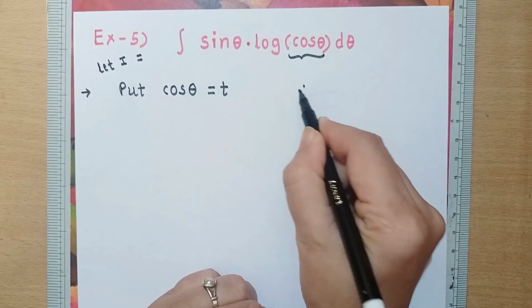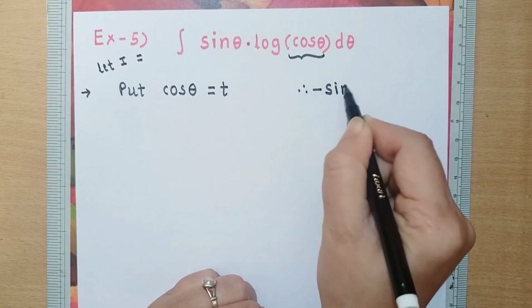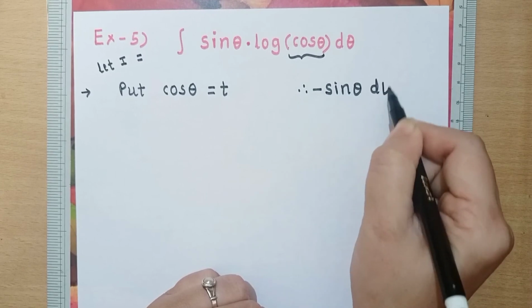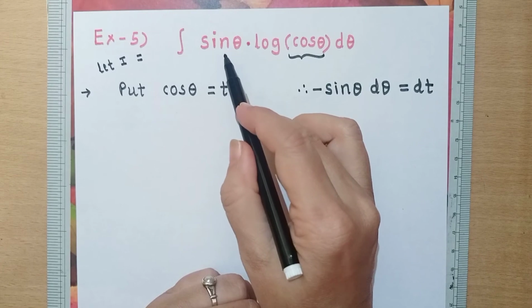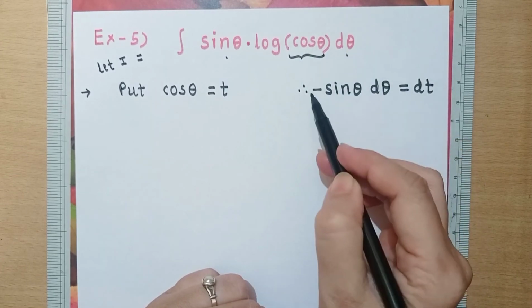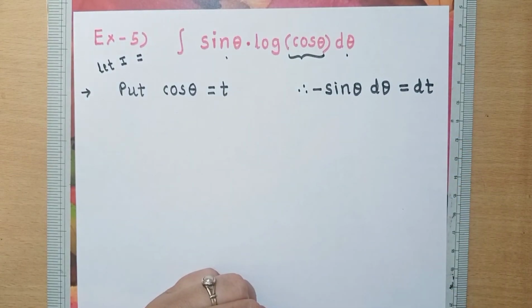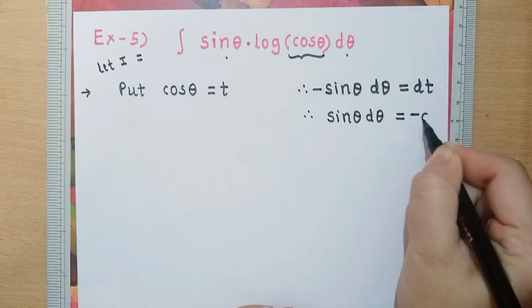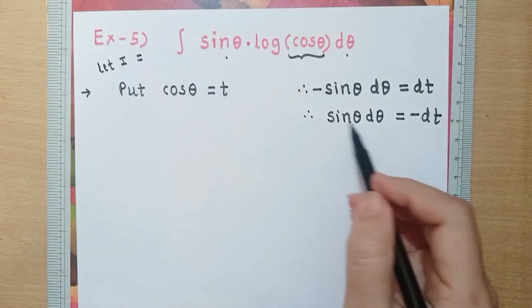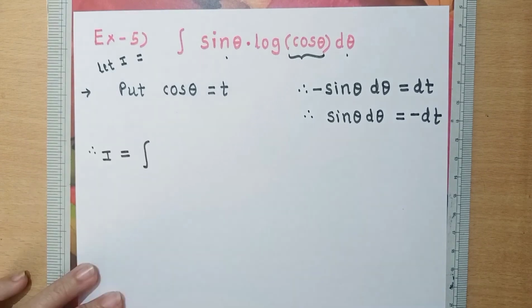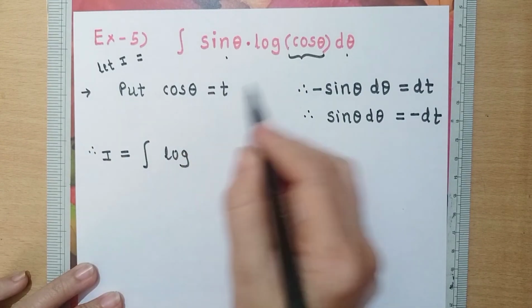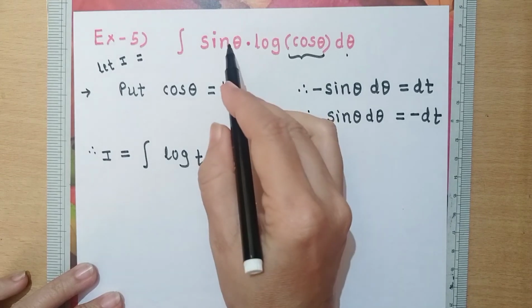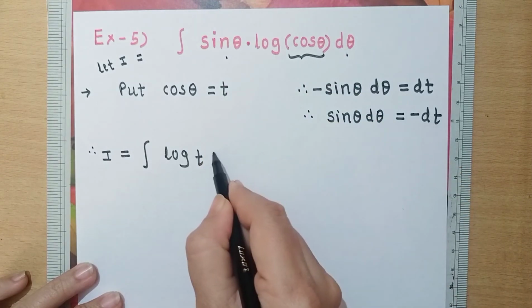Derivative of cos theta is minus sine theta into d theta equal to dt, but we want only sine theta into d theta, so move this minus sign to that side, it is minus dt. Now we will substitute these two things here. Now check here, log of cos theta means t and sin theta d theta means minus dt.